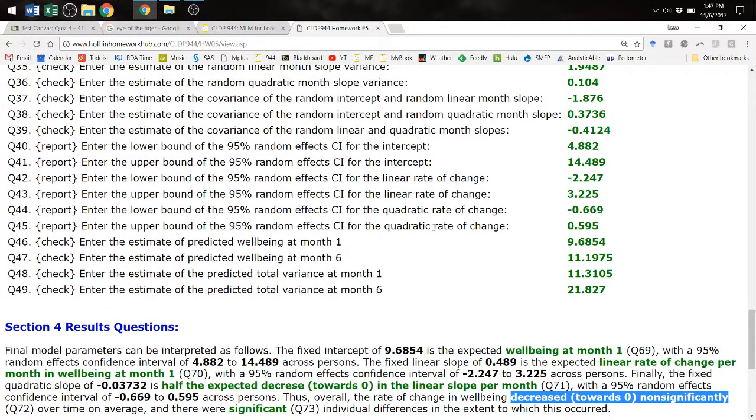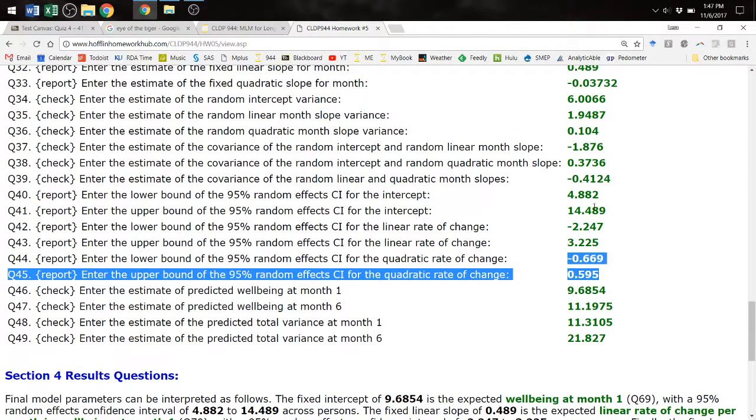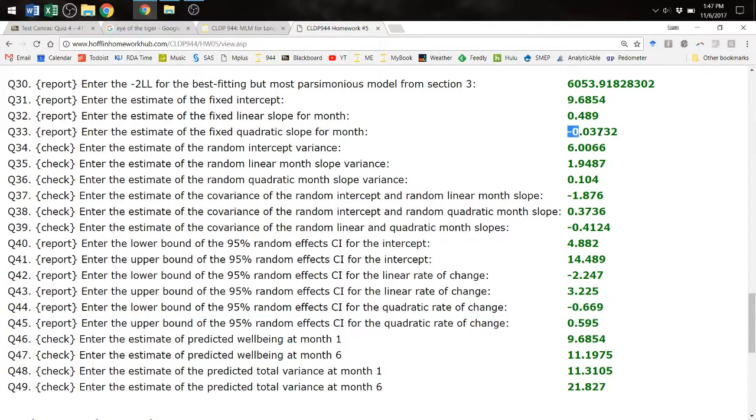This one describes the tendency for individuals to have rates of acceleration or deceleration. So this confidence interval for the quadratic overlaps 0, which means some people accelerate and some people decelerate. That question, though, refers to the estimate for the fixed quadratic right here, which was not significantly different than 0 in this instance.